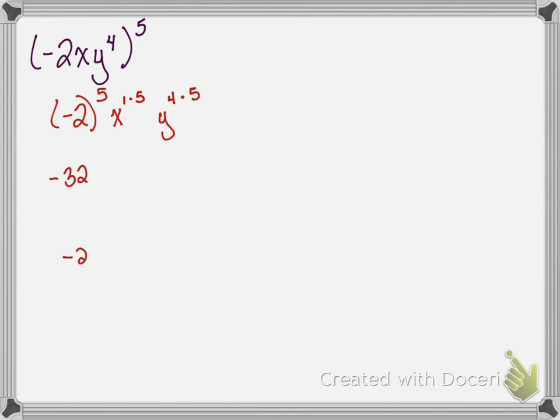That's just -2 times -2 times -2, 5 times. And I do get a negative number when I'm raising it to an odd exponent. Then I have x to the 5th and y to the 20th.